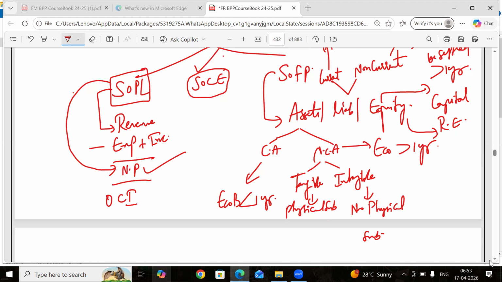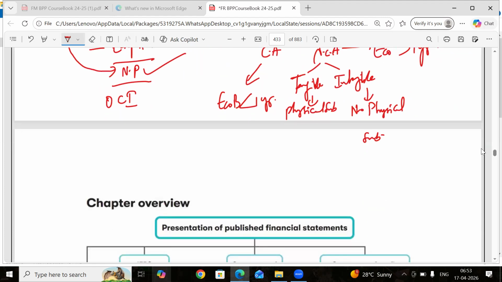But what is OCI? When there is already a statement of profit or loss, which has all the income and expenses in it, why is there a need for one more account called OCI?